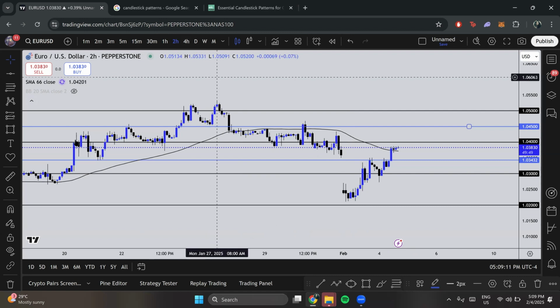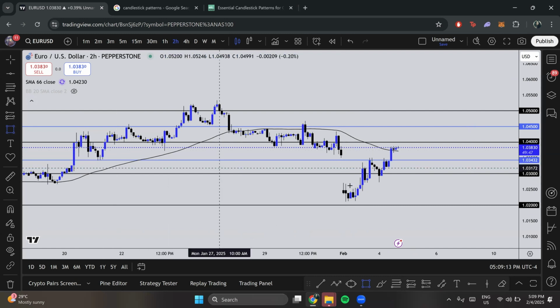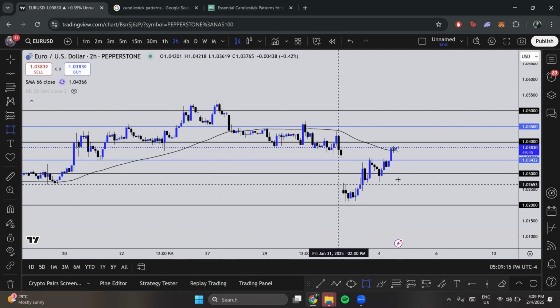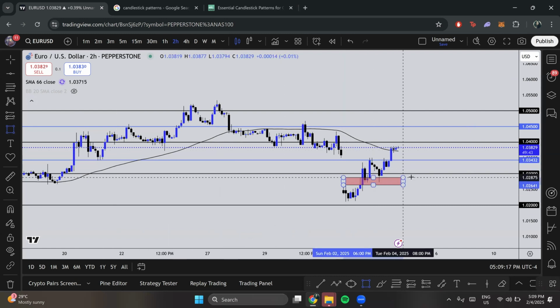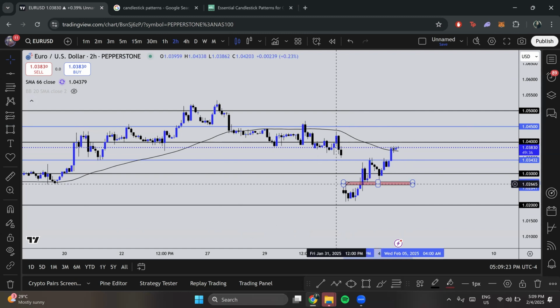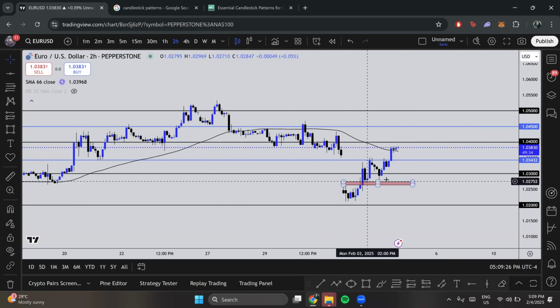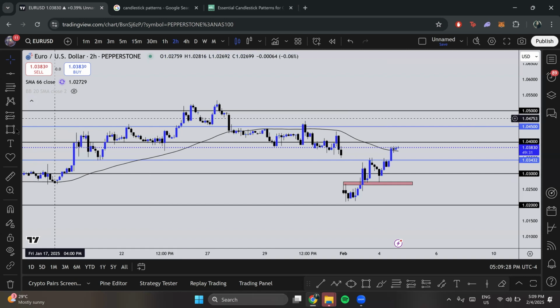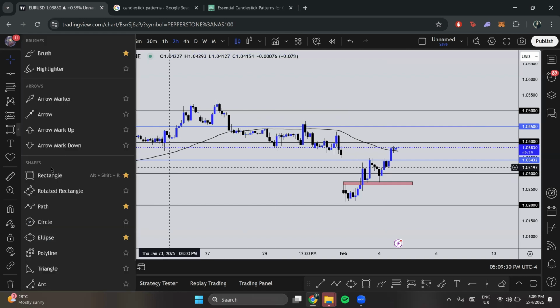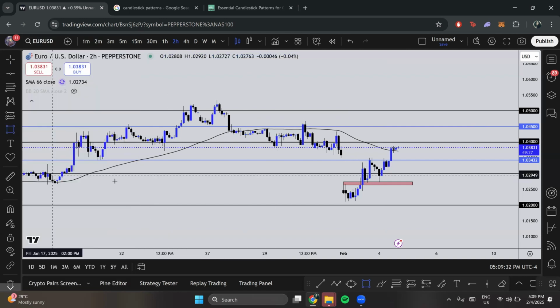Watching over here, we have some support here. But it touched here and it made resistance underneath, right? We have another one at this key level here.